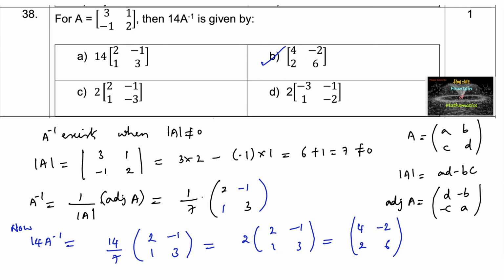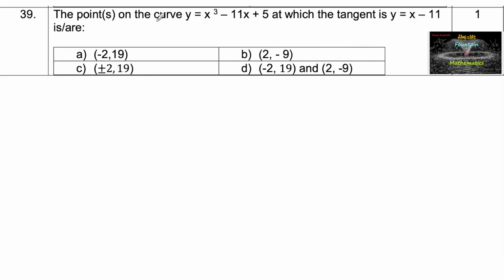Okay. The point or points on the curve y is equal to x power 3 minus 11x plus 5, at which the tangent is y is equal to x minus 11, is or are. So there is a curve given at which the tangent is y is equal to x minus 11.